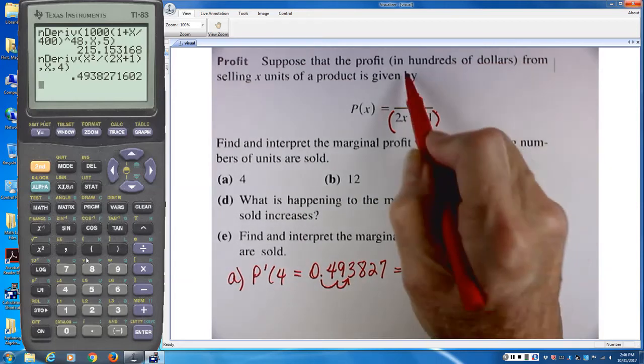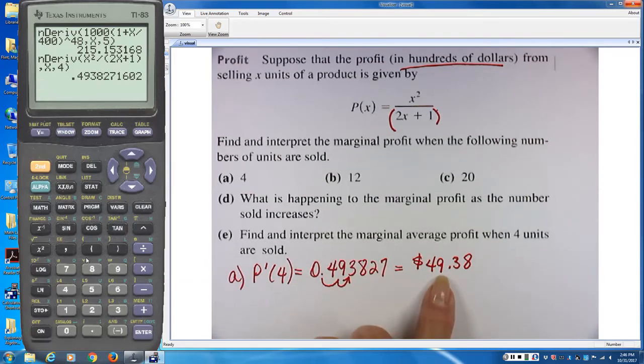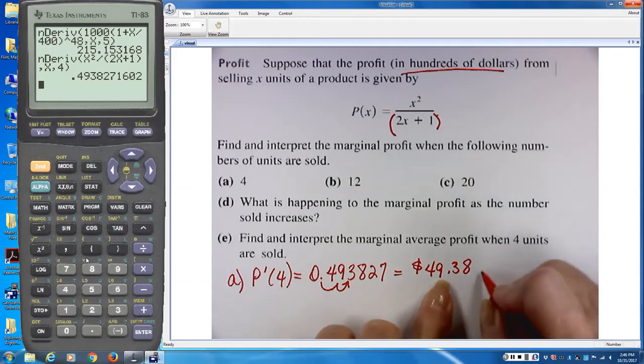That's because it says in hundreds of dollars, so you need to move your decimal. P prime of 4 is $49.38 per additional unit.